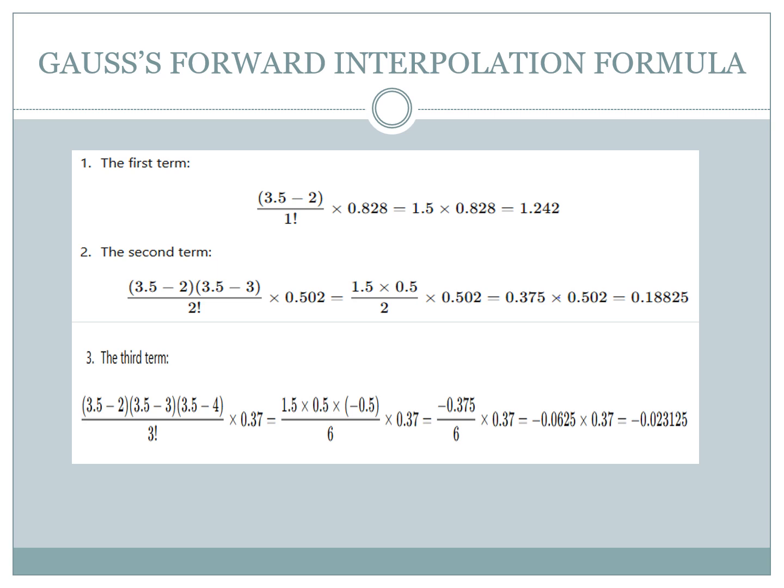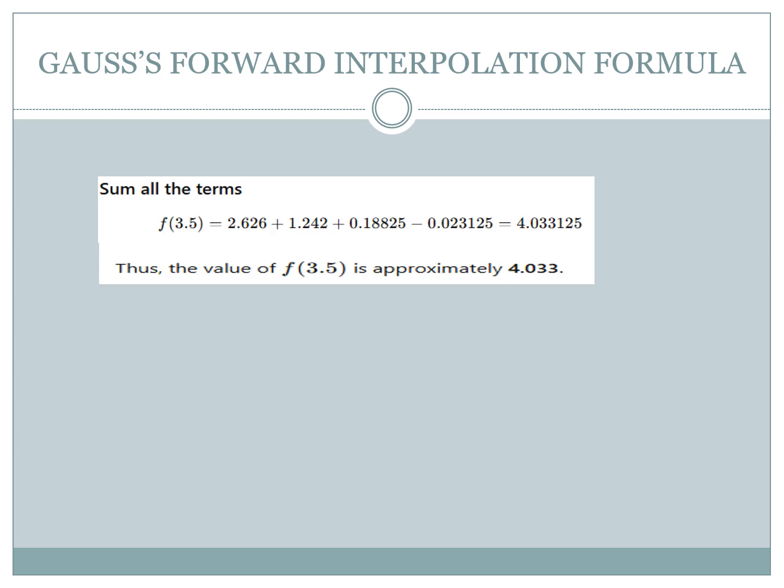Just we have to add all the things, that is the sum of all the terms: 2.626 plus 1.242 plus 0.18825 minus 0.023125.